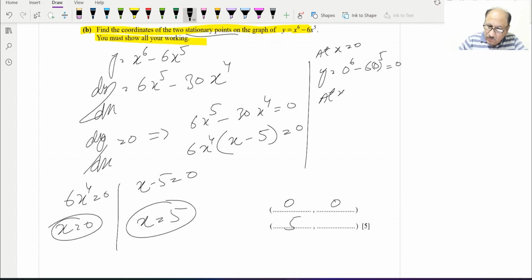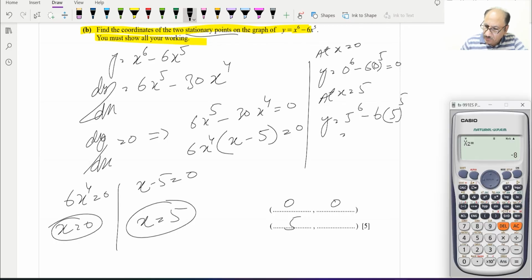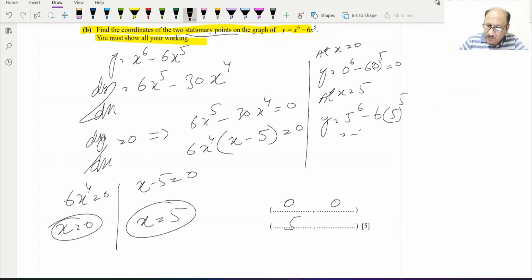And at x is equal to 5, y is equal to 5 raised to the power 6 minus 6 into 5 raised to the power 5, and we can find this value by calculator. This is equal to minus 3125, and this is for 5 marks.